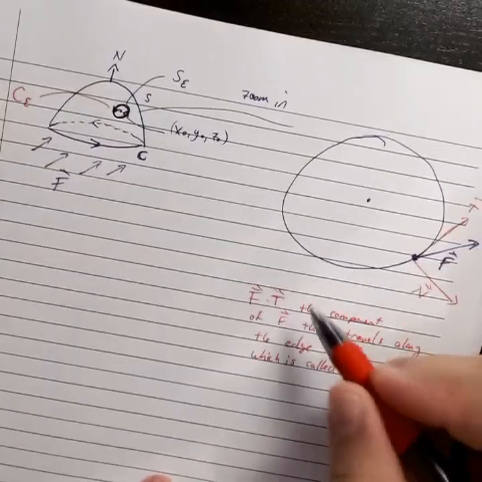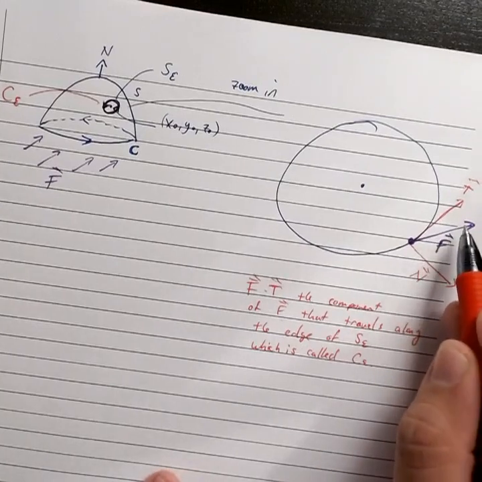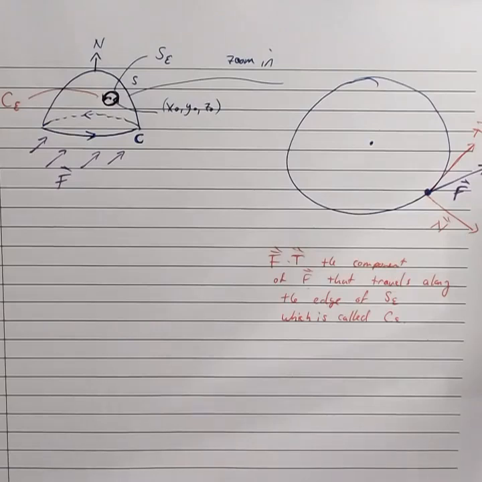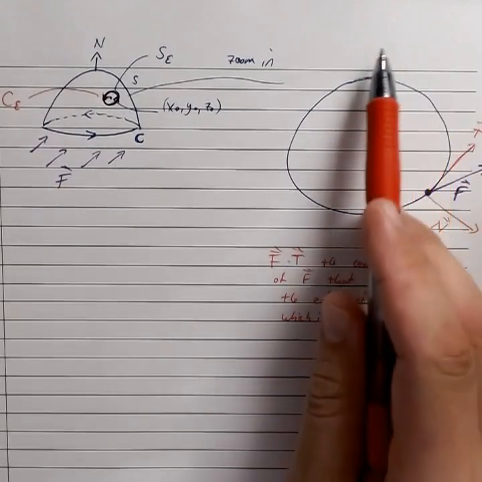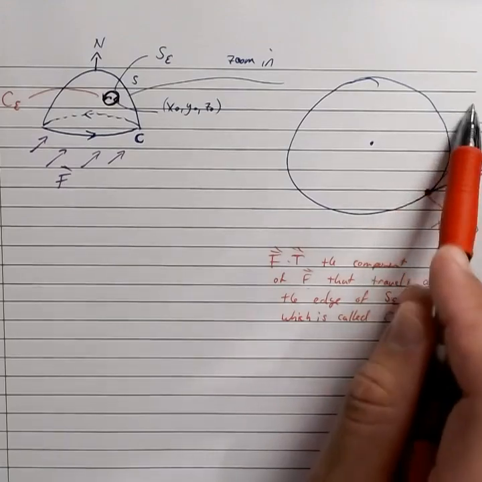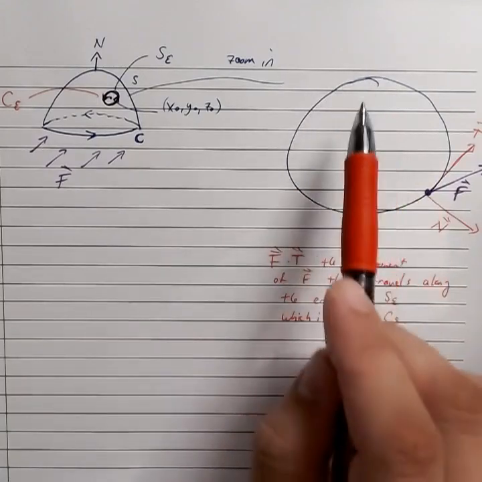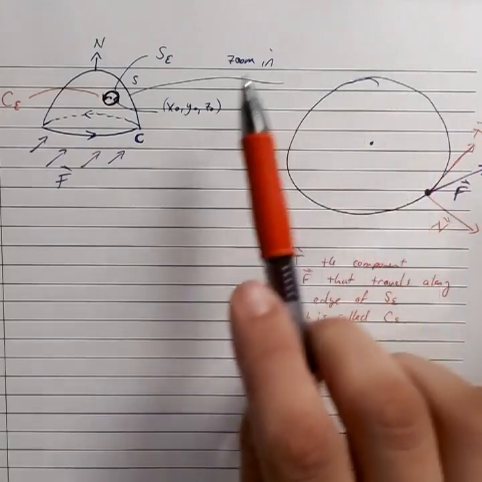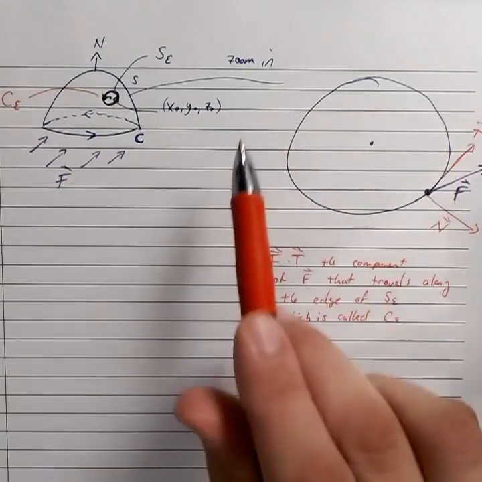So here, F dot T is the component of F. Now, obviously, not all of F is going to do that, but the part that is going in that direction does. Now, if you were to take every vector F that does that all the way around my circle, and see how these vectors F line up with the tangent vectors, that would tell me the tendency for the vector field to rotate around my circle.